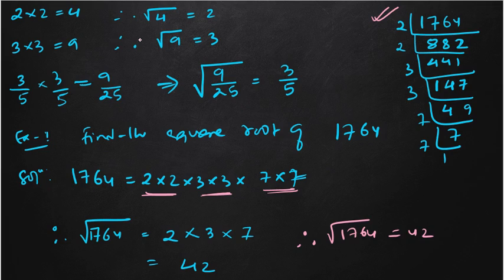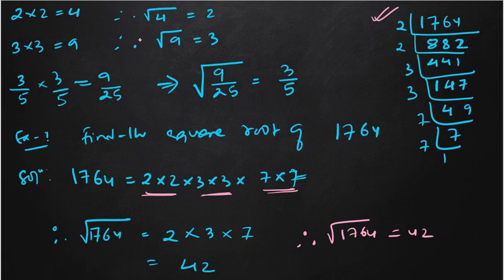Okay. Using prime factorization also, we can check whether a number is a perfect square or not. If it is a perfect square, then we can find the square root also. You can see the method on page number 39 at the bottom. First, we have to resolve the given number into prime factors.